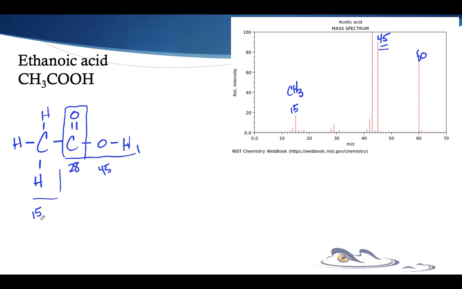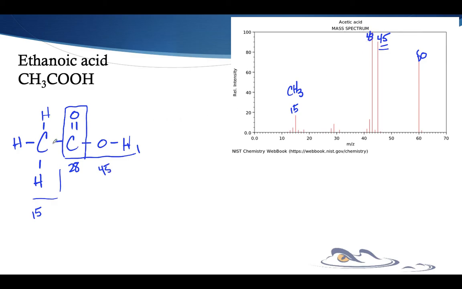So 15 plus 28 would be 43. What do you know? That piece that's 43 would just be this right here.